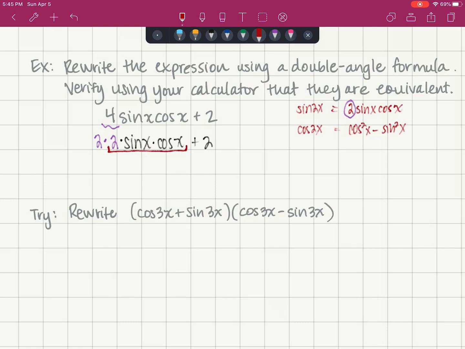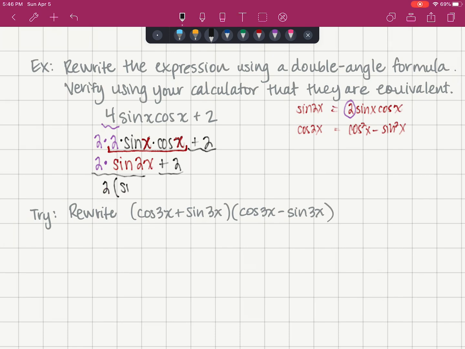Once I break that 4 up into its factors of 2 times 2, I can use just the factor that I need, which is 2, and I can say, well, this is still 2 times 2 sine of x cosine of x. Well, that's the sine of the double of this angle. So the angle is x. Doubling x gives me 2x. And then I have plus 2 at the end. See this plus 2? That's still there at the end.